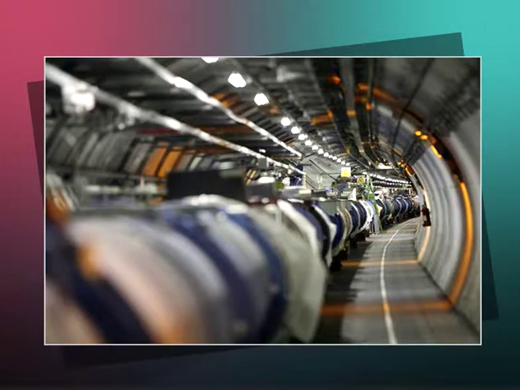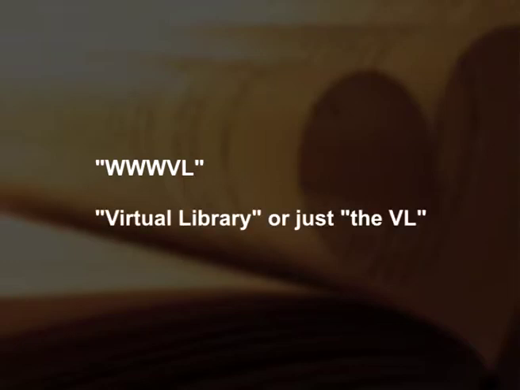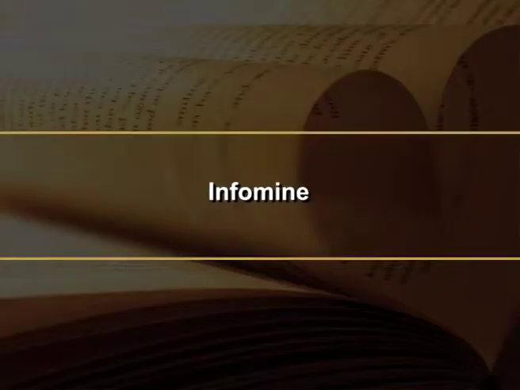It is sometimes informally referred to as the WWWVL, the Virtual Library, or just the VL. The individual indices or virtual libraries live on hundreds of different servers around the world.